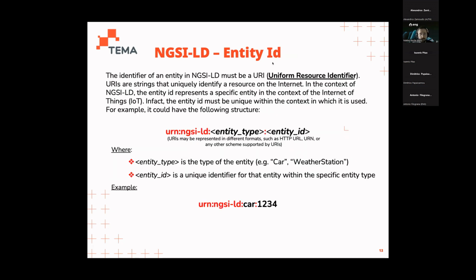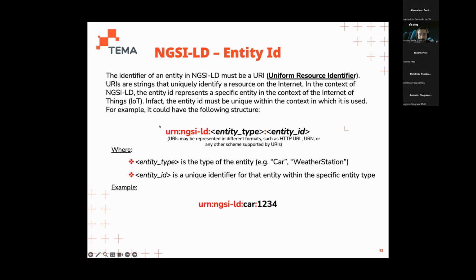Okay, then we have the NGSI-LD entity ID. This is another important key in the JSON. In a JSON-LD and in the context of NGSI-LD, in the JSON, you must have the ID. And the ID must be a URI, that could be a URN or a URL. In the most common case, you will find an ID in this format.